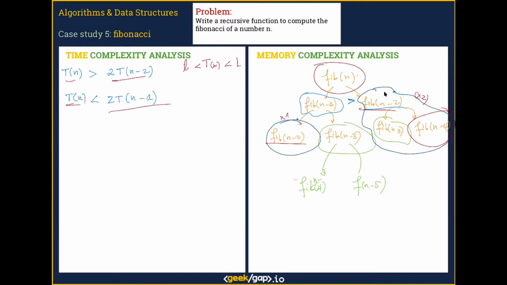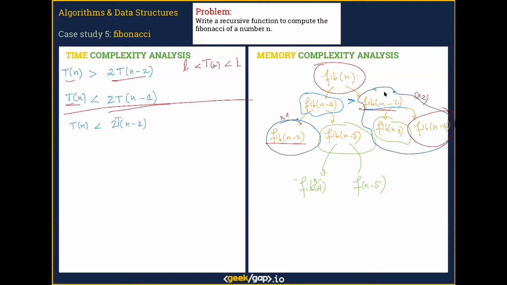So once we have these two, we have an upper and a lower boundary, right? Now it's going to be pretty much the same as what we did earlier. In order to ease the work, let's consider the upper bound, for example, T of n lower than 2 T of n minus 1.